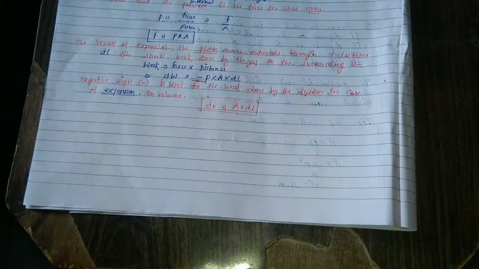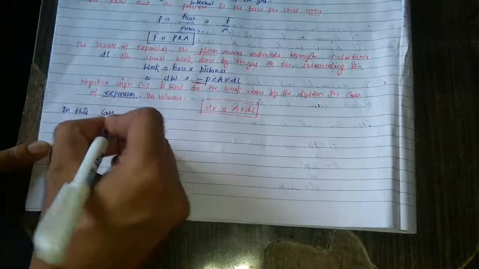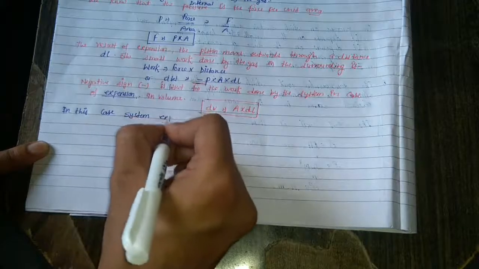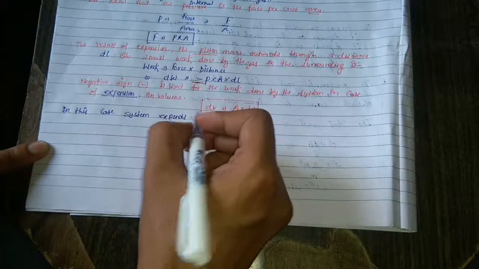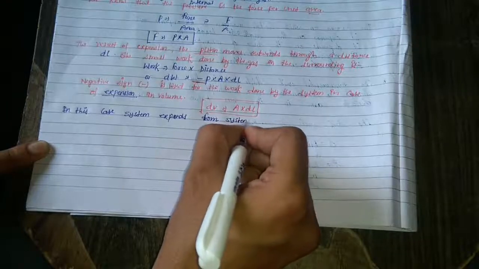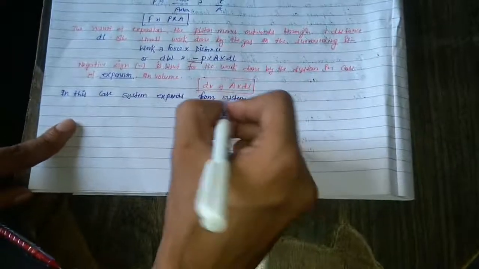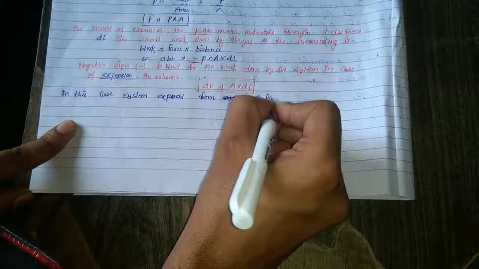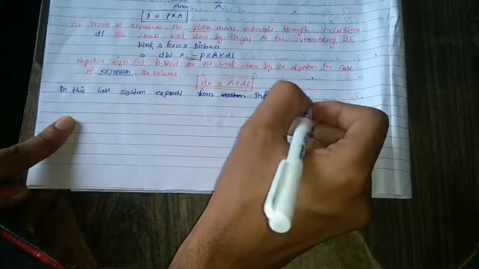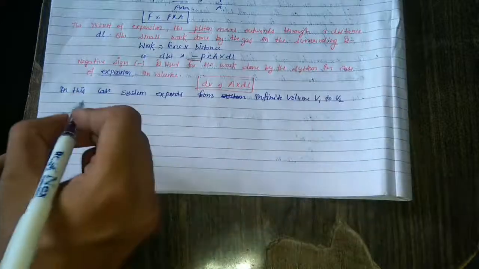So in this expansion from a finite volume, the system expands from volume V1 to V2.